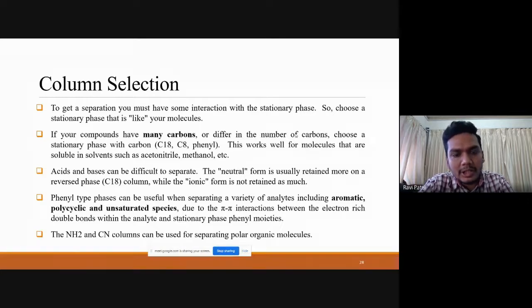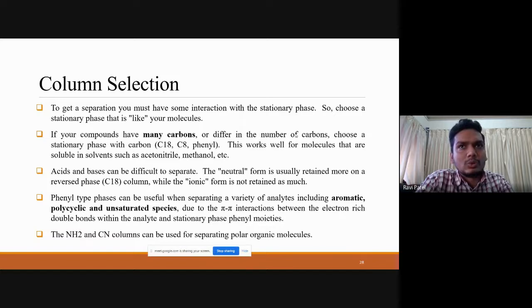Suppose we compare C18 and C8 column: the C18 column is more non-polar in nature when compared with the C8, and compared with the phenyl. So what amount of non-polarity we require, and what type of compound it is, whether basic or acidic in nature, according to that we are generally selecting our column.